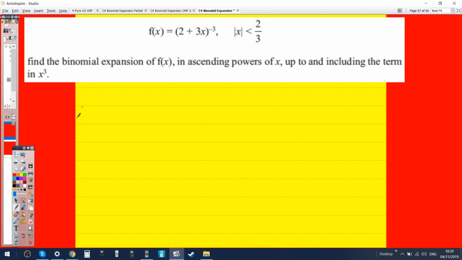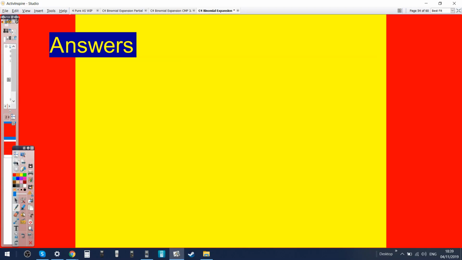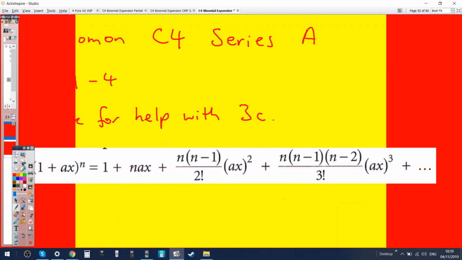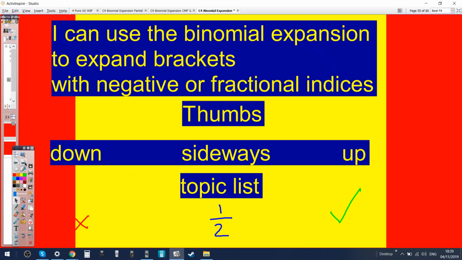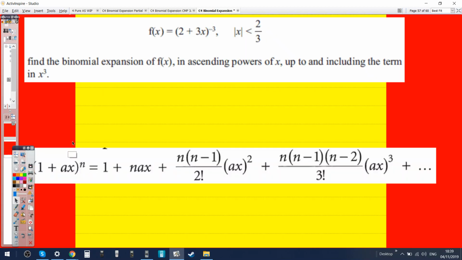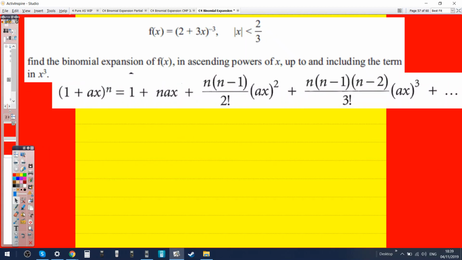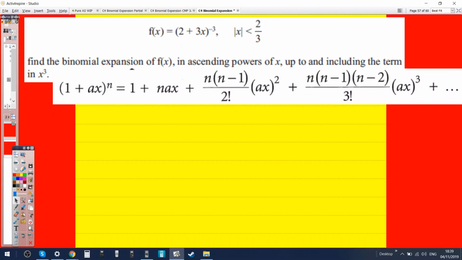2 plus 3x minus 3. Sorry, I'll run this formula. X is less than 2 over 3.